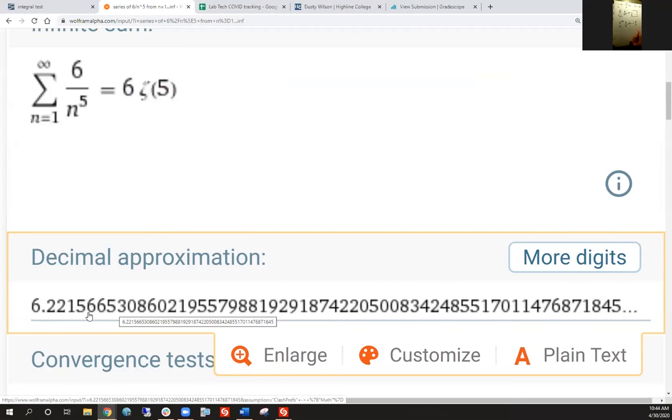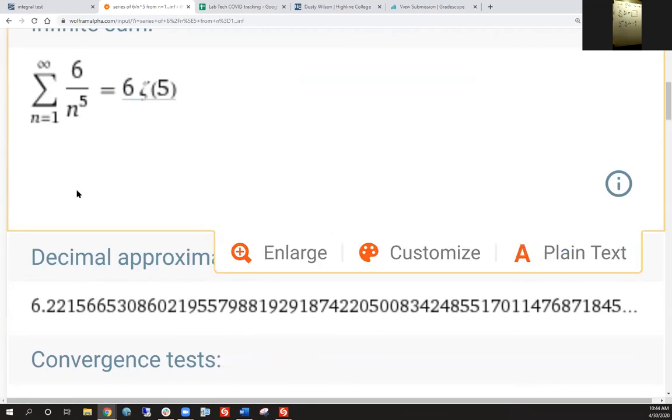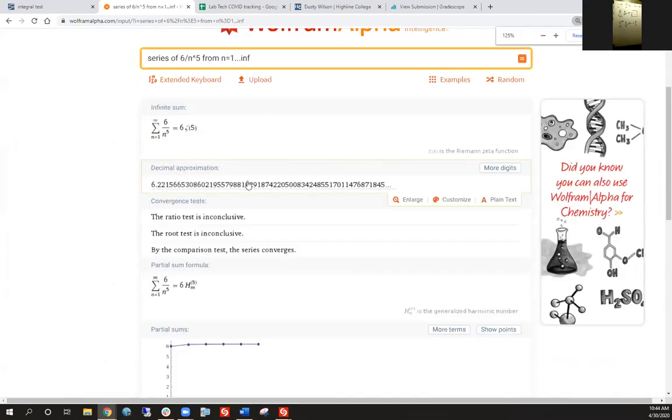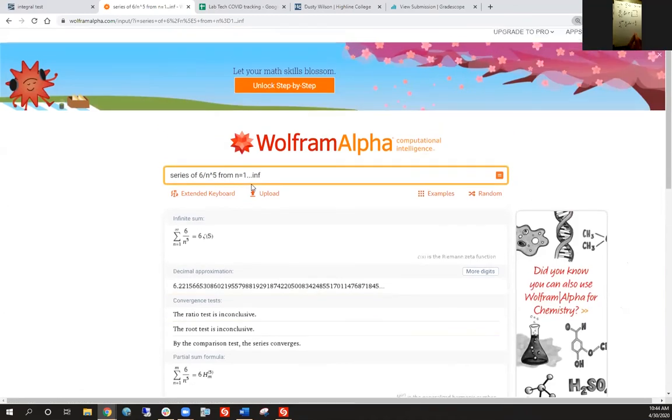So the key is that the integral zeta, I think you might be right, Nathan, thank you for that. We'll look up our Greek letters later. The point is that the integral test tells you whether it converges or diverges, but it doesn't tell you the number to which your series is converging. Does that distinction make sense?